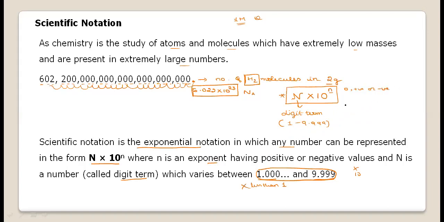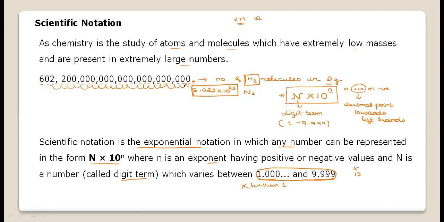Based on the movement of the decimal place, if you move the decimal place to the left hand side, you will get a positive value. Remember that the positive value will come. How many times you move the decimal point to get the digit term in this range, that number should be raised as 10 to the power of that n value.